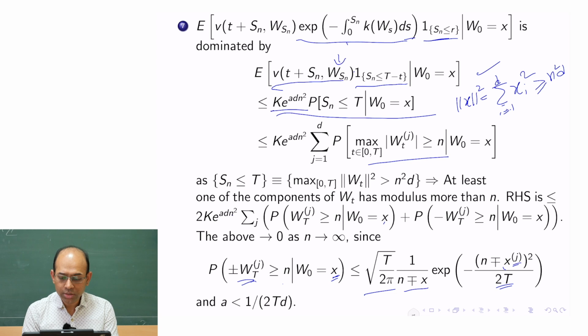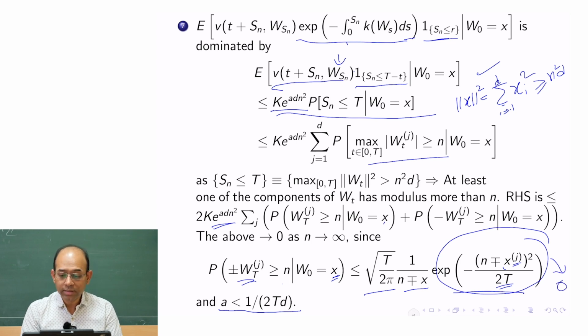Here, if we choose a less than 1 over 2td, then the way a d n square becomes larger would be dominated by the way e to the power of minus n square by 2t goes to 0. Correct? As n tends to infinity, this whole exponential term goes to 0.